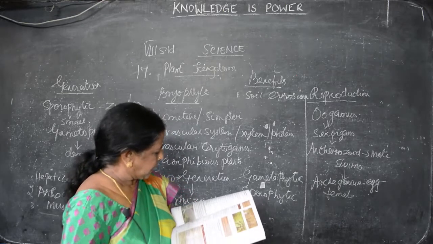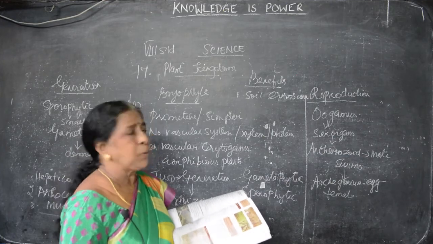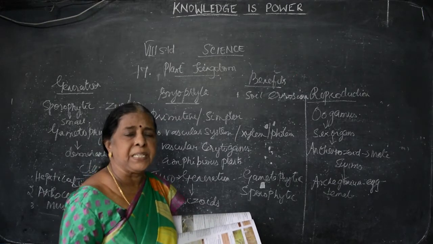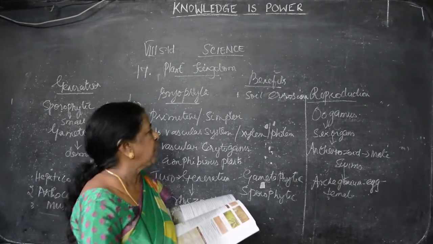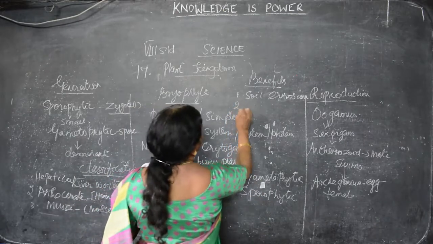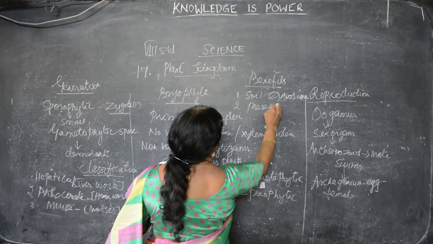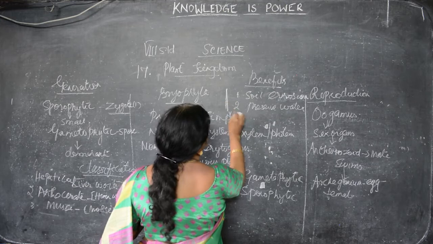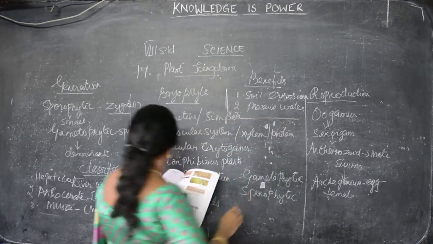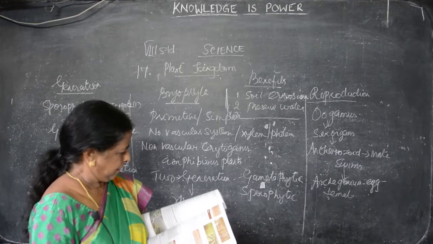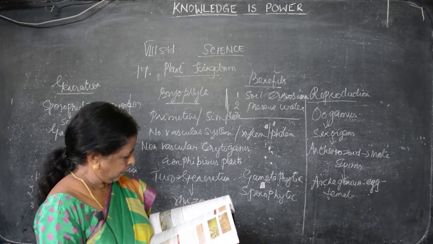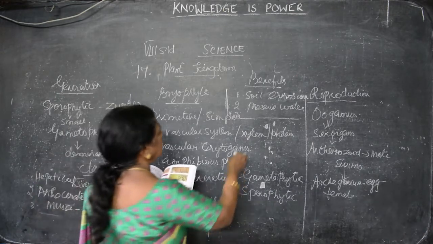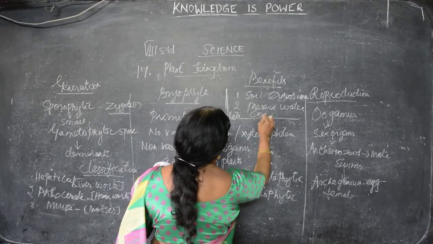First use. Second, they absorb a large amount of water, so these plants can help if you are cultivating them in the nursery; they will supply water for other plants also. So they are preserving water. And the third one is that they can be used for the production of coal.